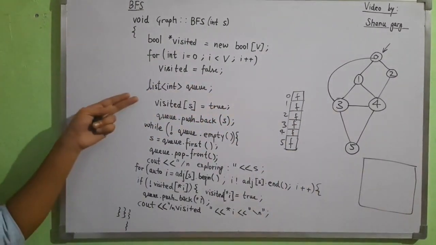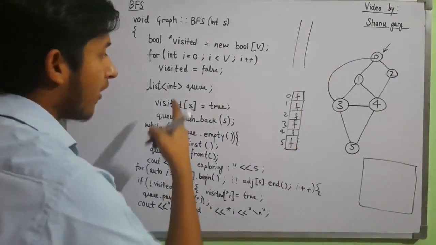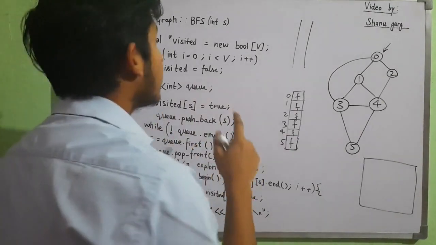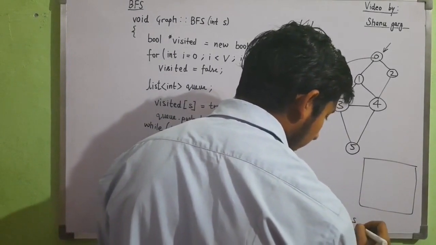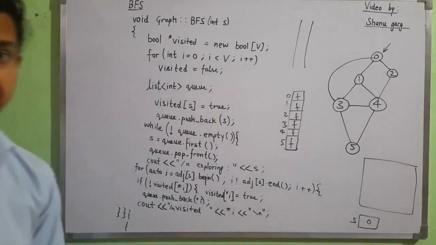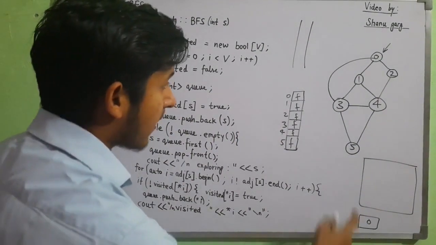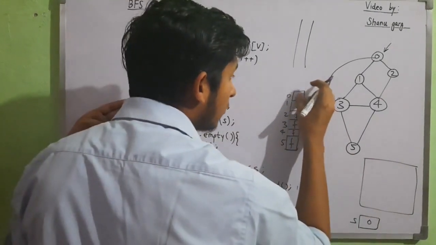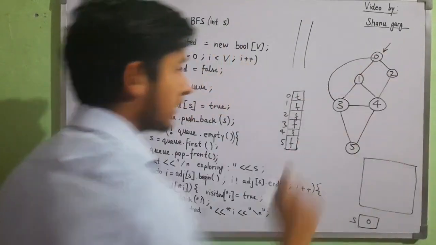After that, you'll have a queue that is nothing but just a list of integer type. Now we will start with s. As s is given an integer that stores 0 in this question. Now we will make the visited array at address 0 true, because we started traversing from here, we have visited this.